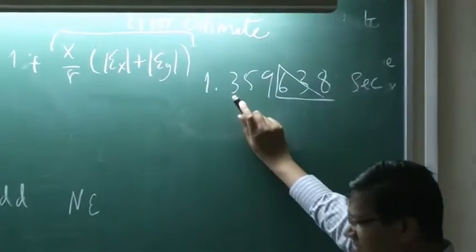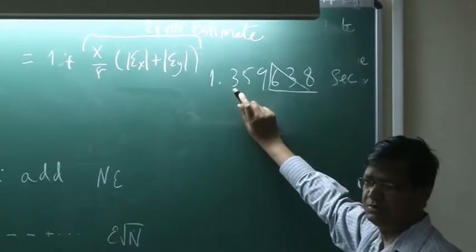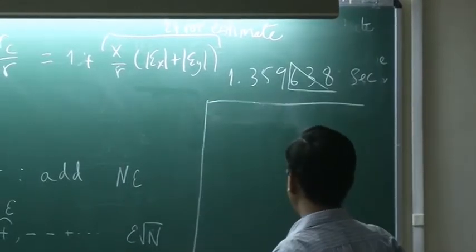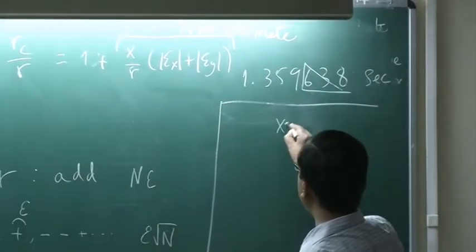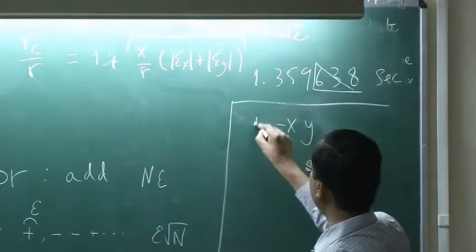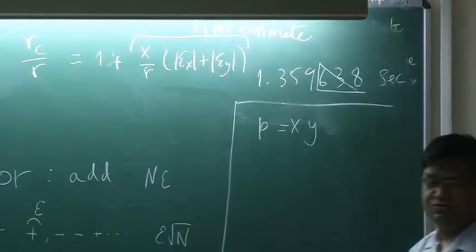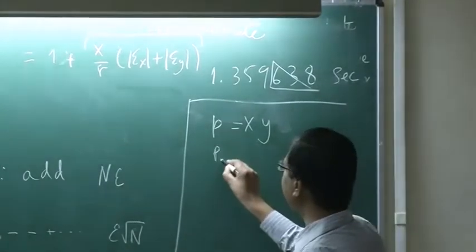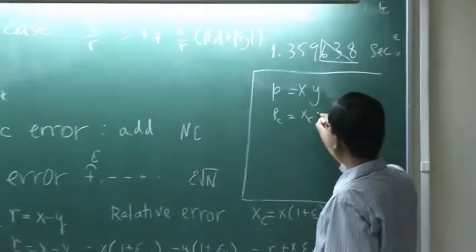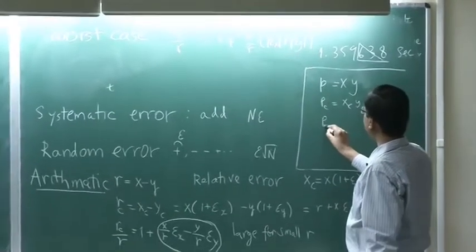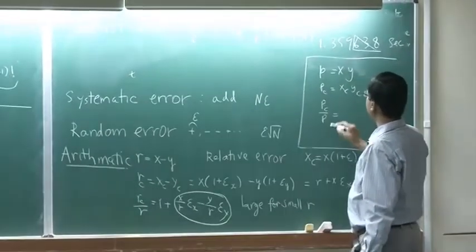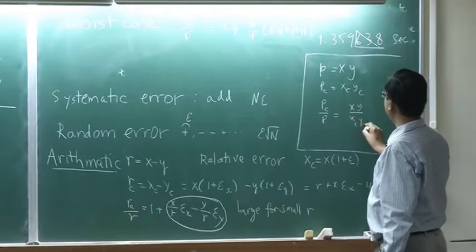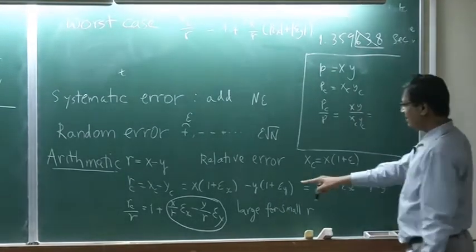We can do the same analysis for a product. In fact this analysis is straightforward. So let us say I take the product of two numbers x, y. Let us call it P. In fact let us look at it quickly. PC in the computer is going to be xc yc. So PC by P is xc yc by xy, now I apply the same logic.